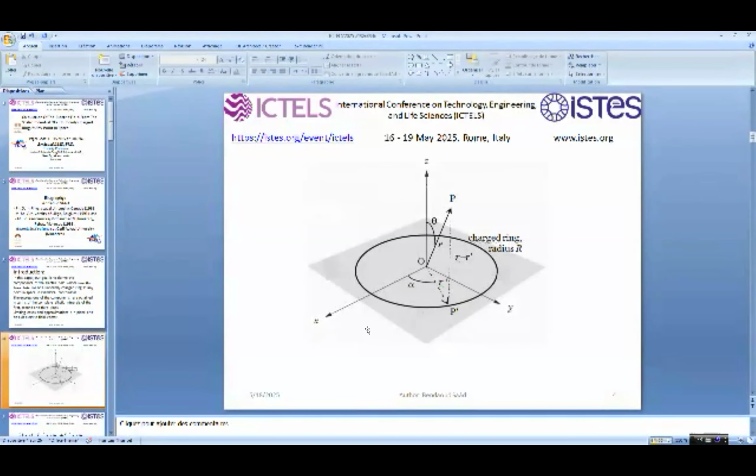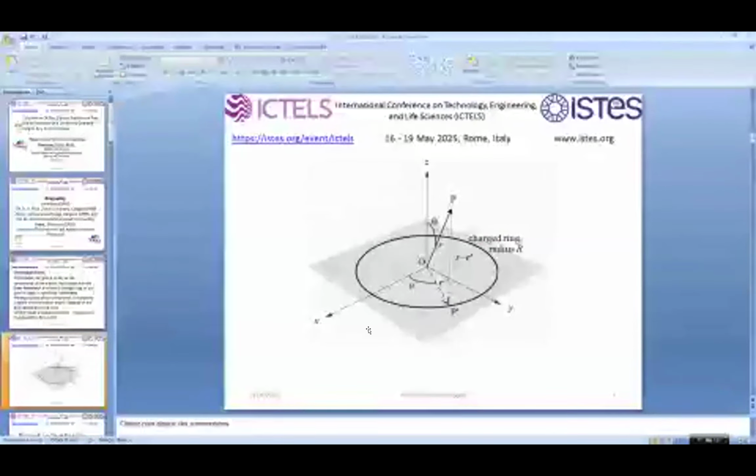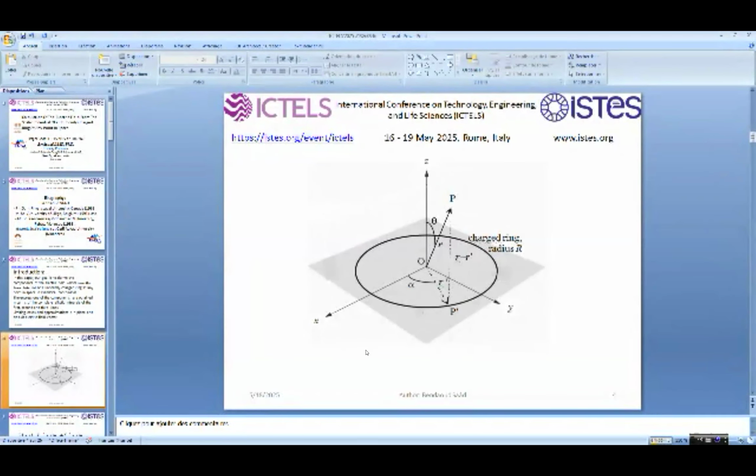We will find another expression, another form, because the spherical coordinate system is different from the cylindrical coordinate system and the Cartesian coordinate system. We must find three expressions which are different. But the calculation of the value will be the same. It must be the same value at each point in space.